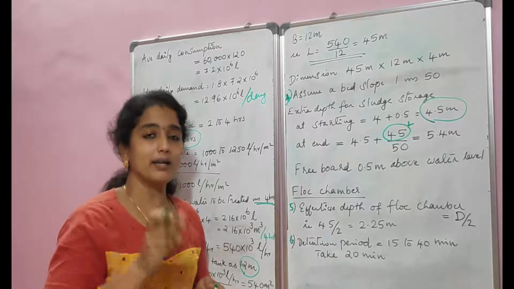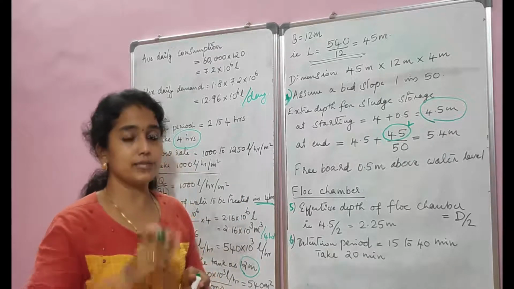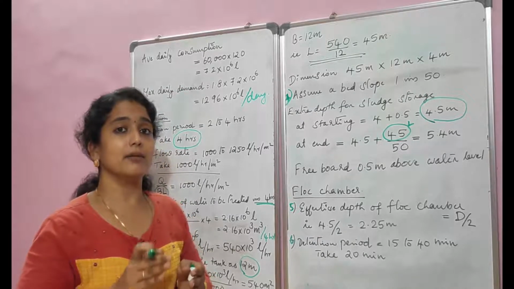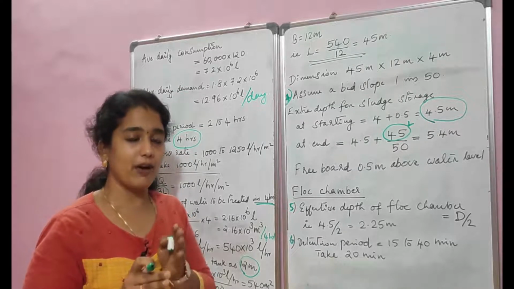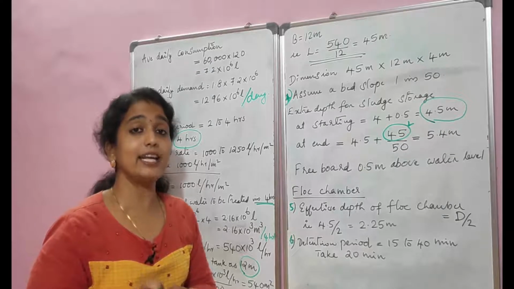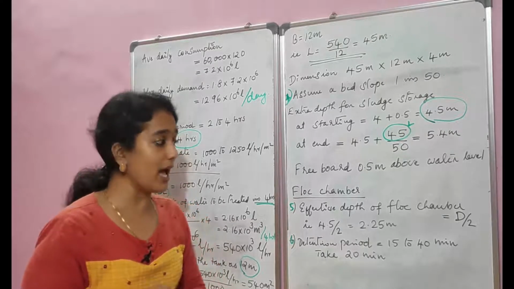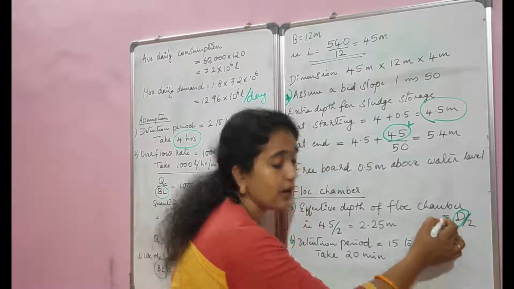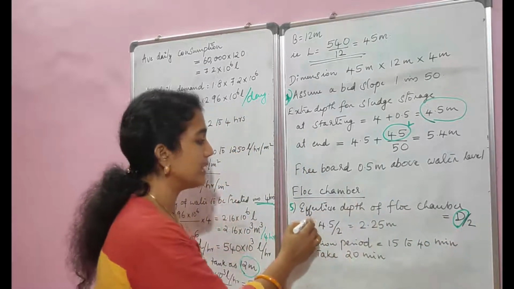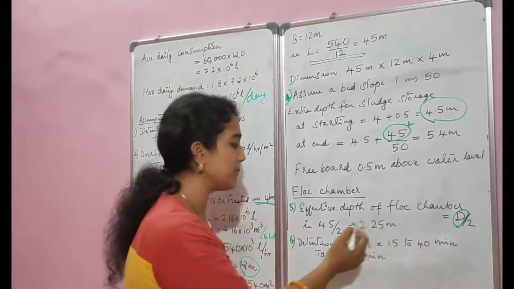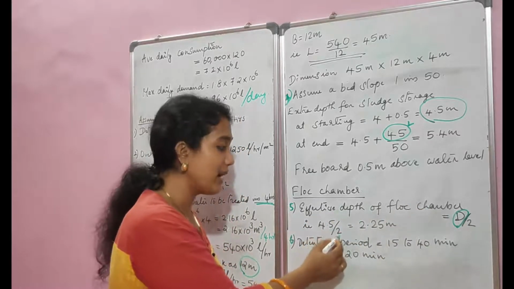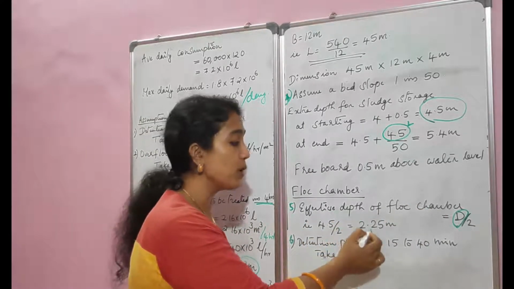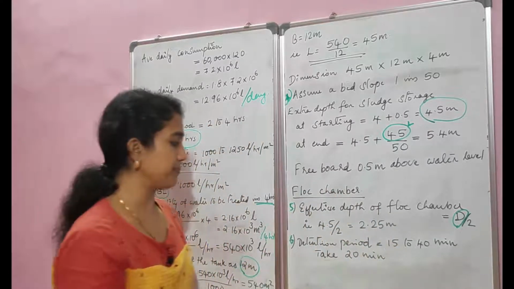So the total depth of the sedimentation tank will be 4.5 meter at the ending of the flocculation chamber. So we have to adopt a depth of 4.5 meter here. So we will get an effective depth of floc chamber as 4.5 meter divided by 2, that is 2.25 meter.